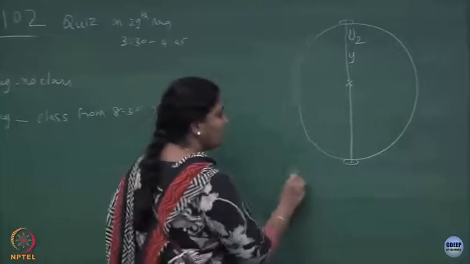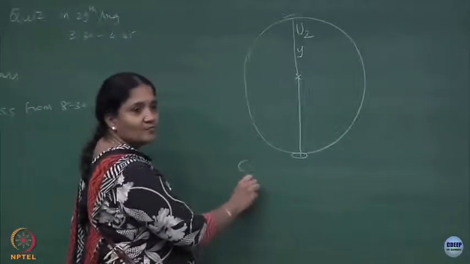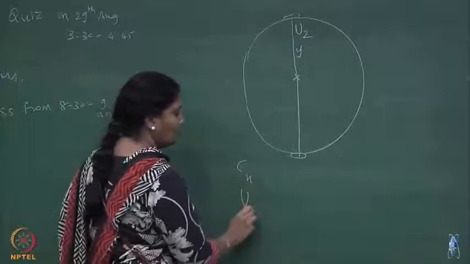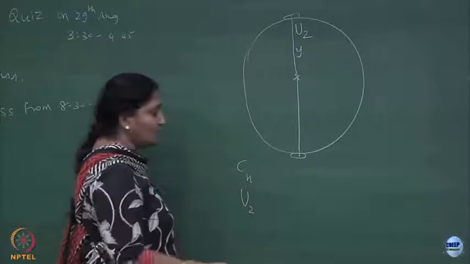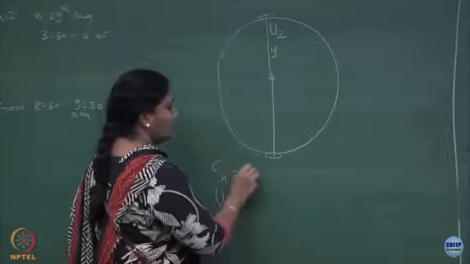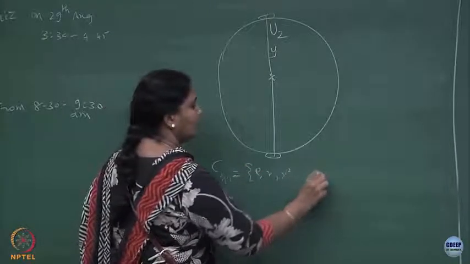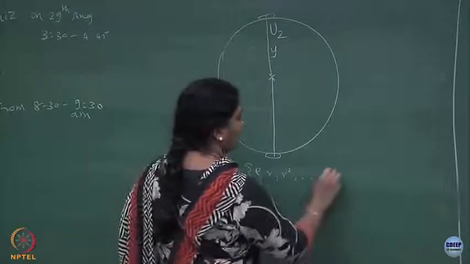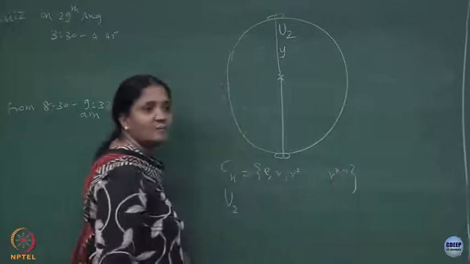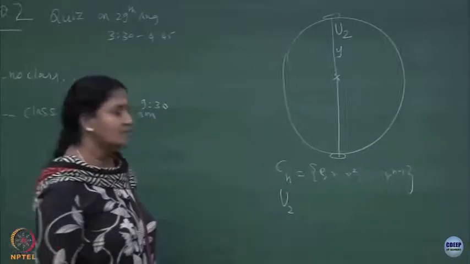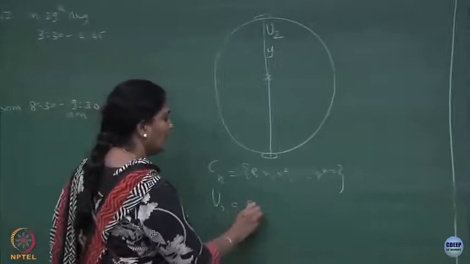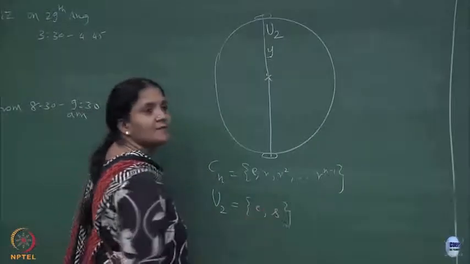You will have a Cn group for the principal axis of rotation. You will have a U2 group which is similar to what we saw. This one was identity, r, r squared, up to r to the power of n minus 1. I did briefly mention the dihedral groups. This one is identity and s.